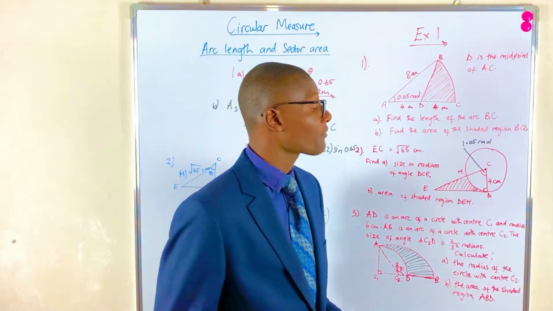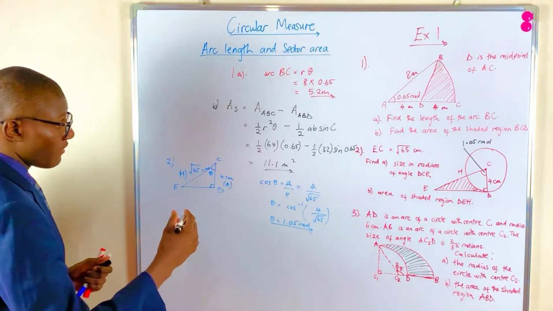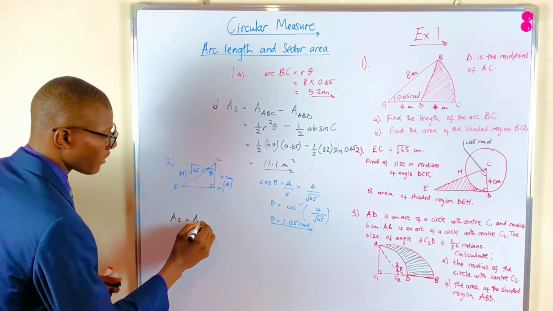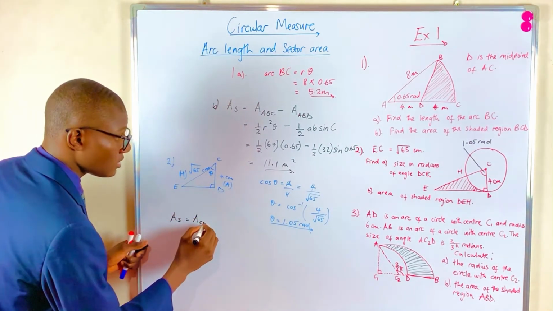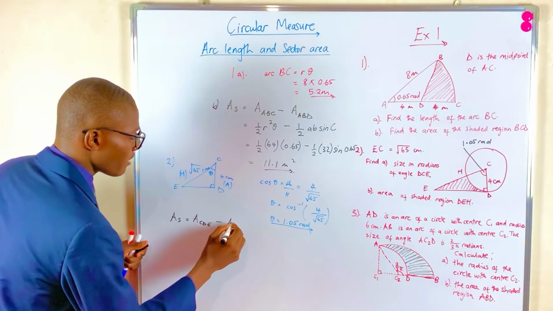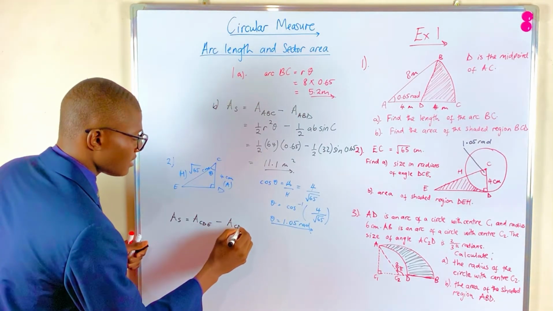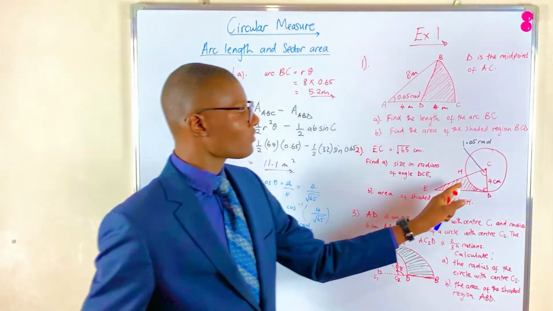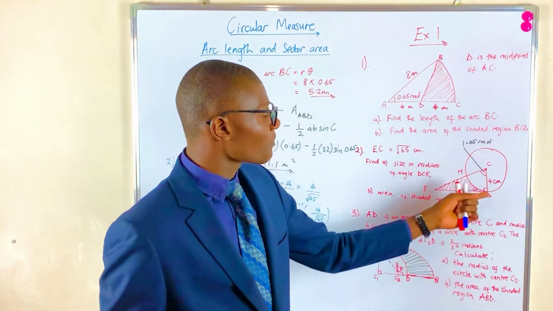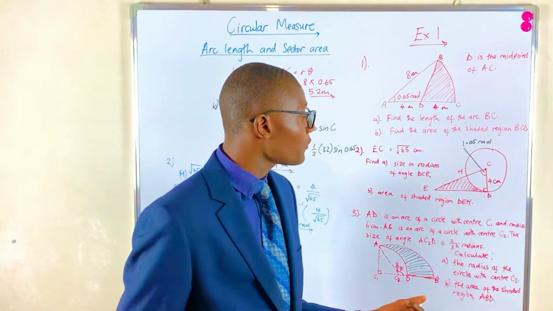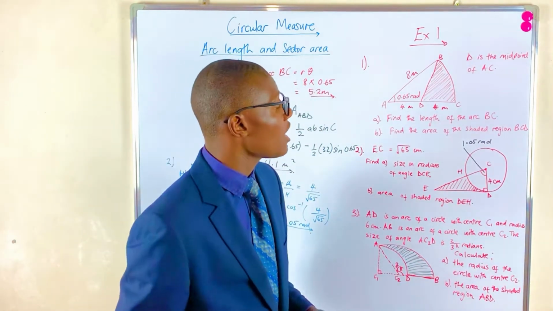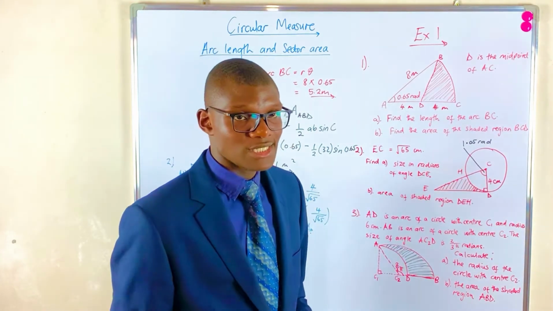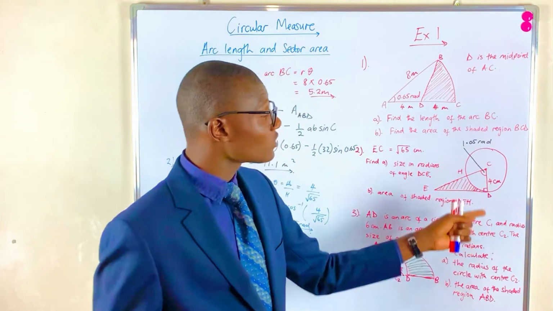Is that right? Okay, so we are saying that the area of the shaded region will be the area of the triangle CDE minus the area of the sector CDH, right? So it's the area of this triangle. We can use the area of a triangle rule, which says half AB sine C. Why? Because we know EC and we also know CD, and we now know the included angle.